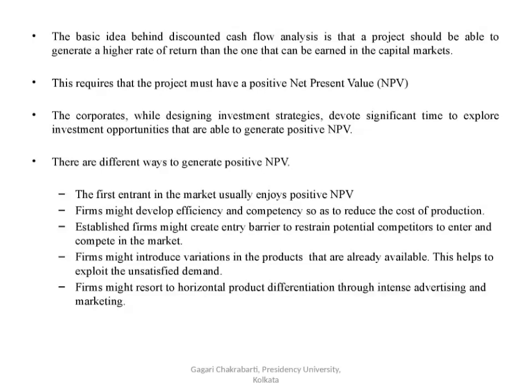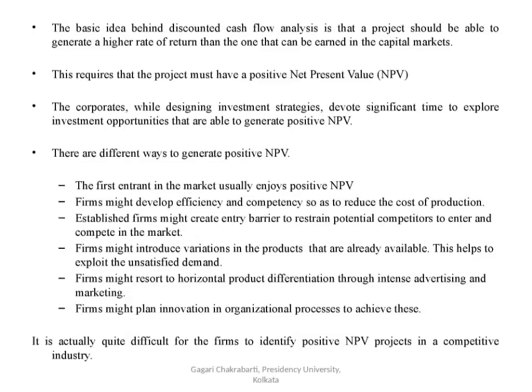Similarly, the firms might resort to horizontal product differentiation through advertising, marketing, and similar activities. The firms might plan innovations in organizational processes to achieve all these things. However, it is very difficult to identify positive NPV projects in a competitive industry.